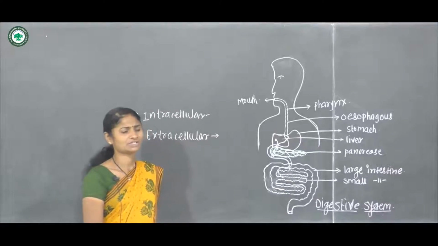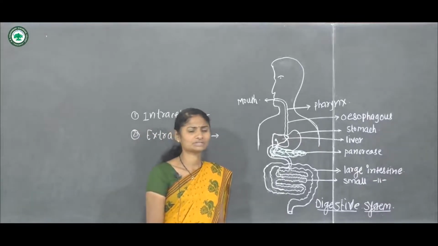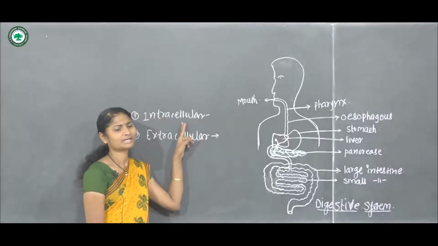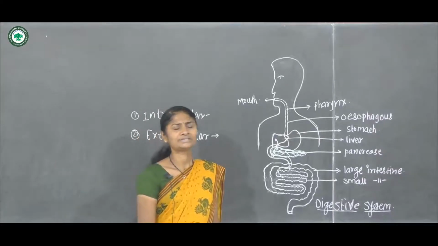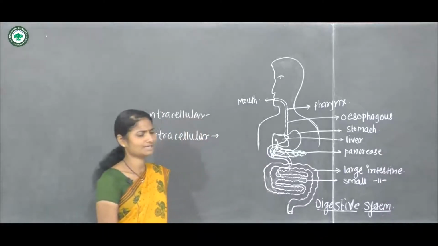Types of digestion. There are two main types of digestion. The first is intracellular digestion. Here, digestion takes place inside the cell, so it is called intracellular digestion.